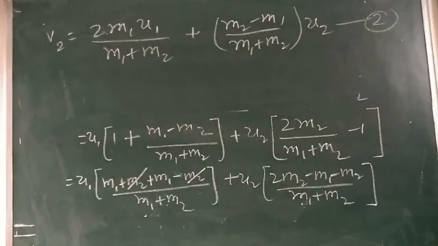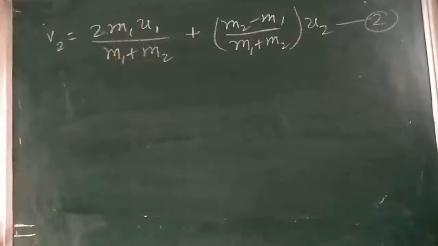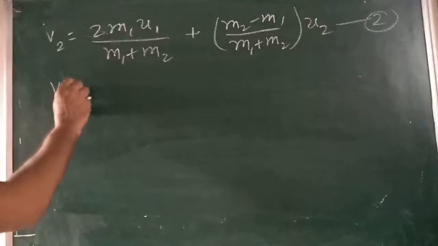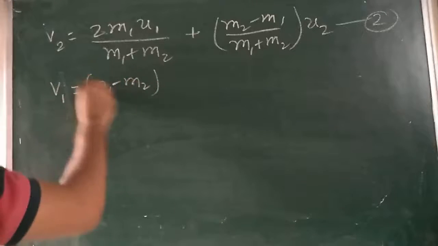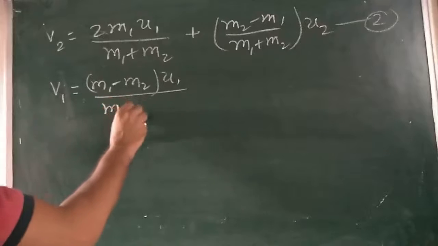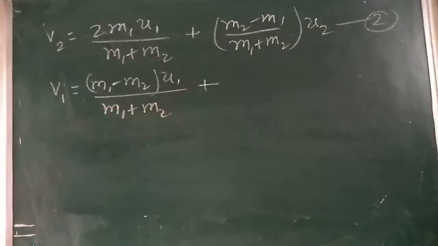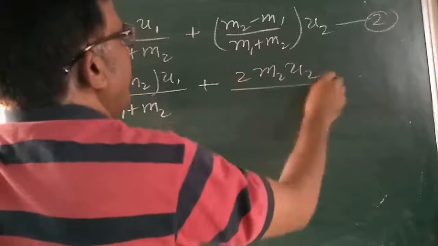v1 we have found earlier and this is v2. So these are two important equations here. So I can say, my dear children, here it is v2 and our earlier equation again I am writing here, that is v1 is equal to m1 minus m2 into u1 divided by m1 plus m2 plus twice of m2 u2 divided by m1 plus m2.